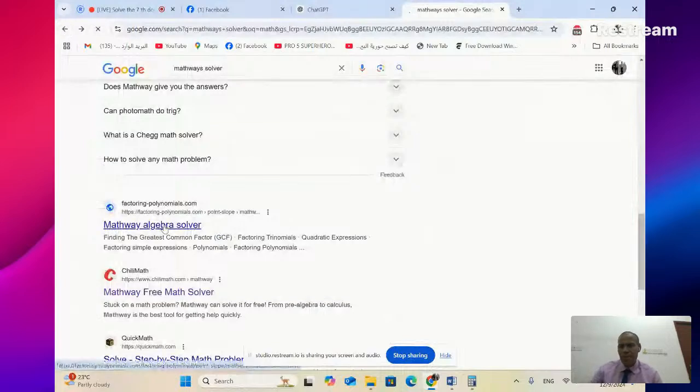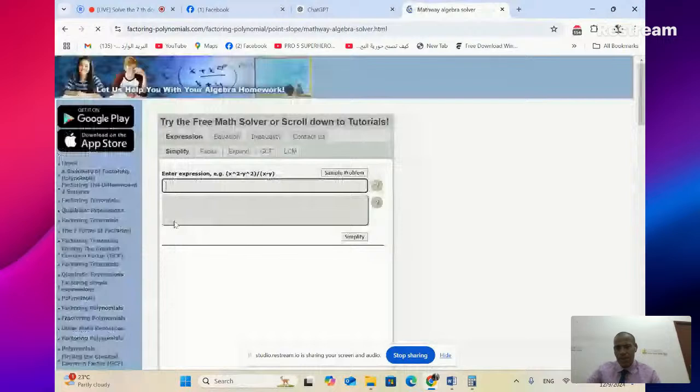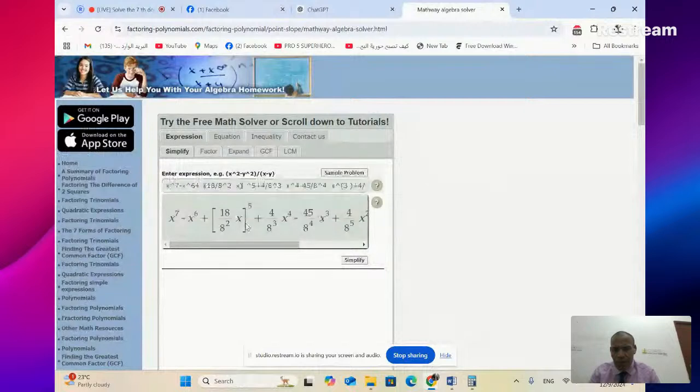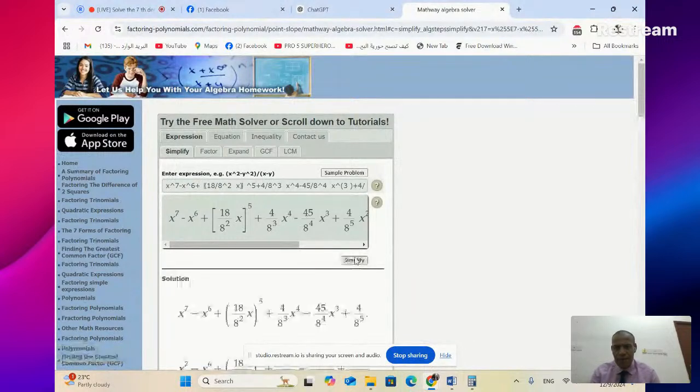GeoGebra, factoring. Let's see this one. I will write my polynomial. There are no parentheses; it immediately made parentheses. Simplify. Okay, it did nothing. No problem.